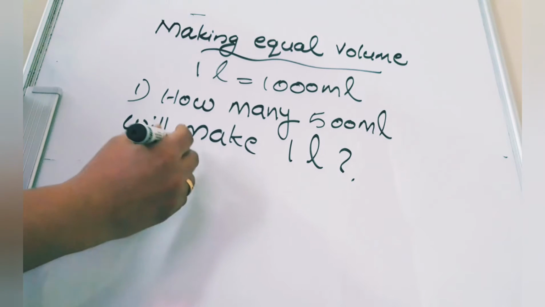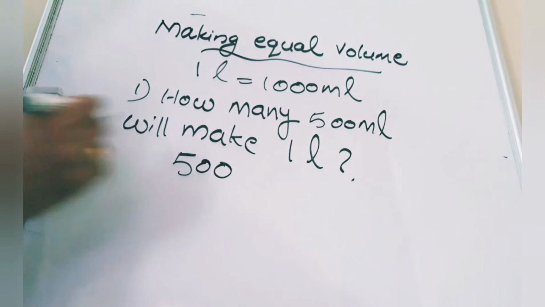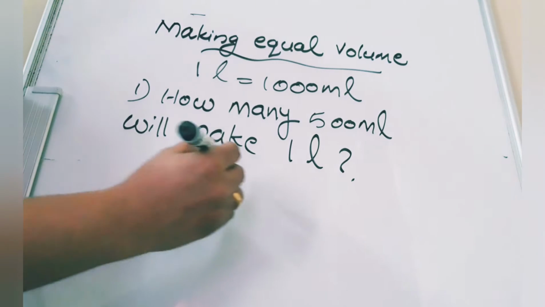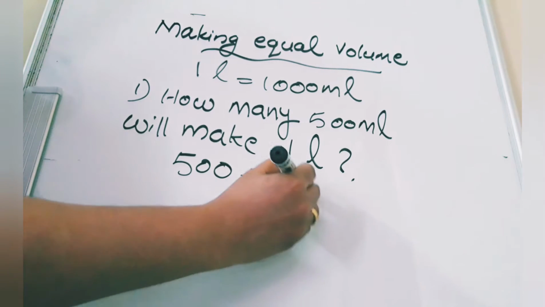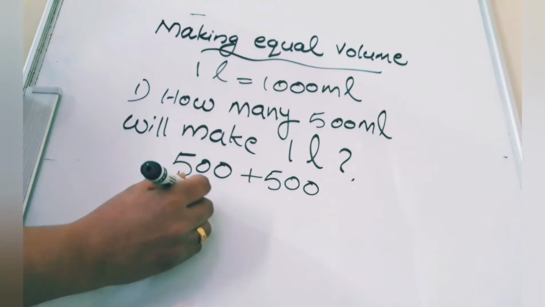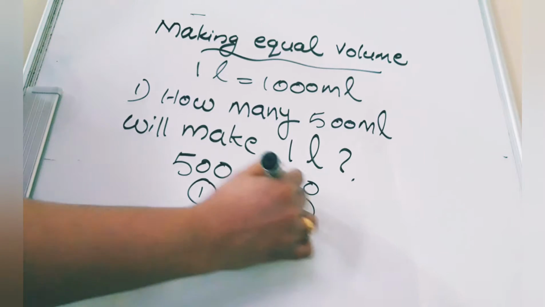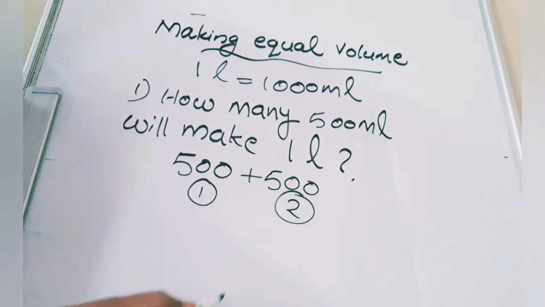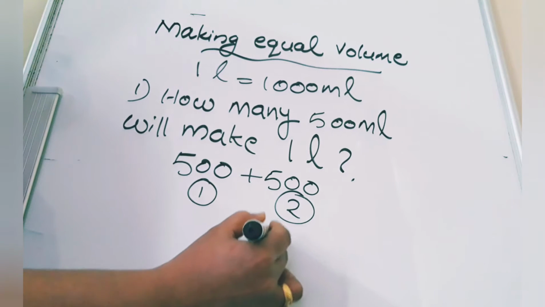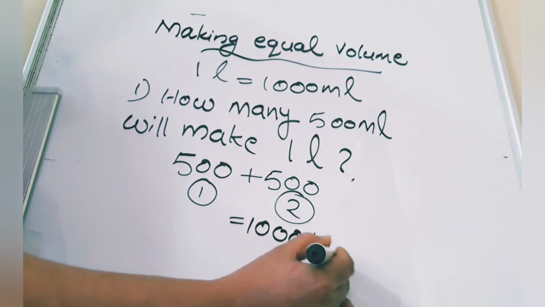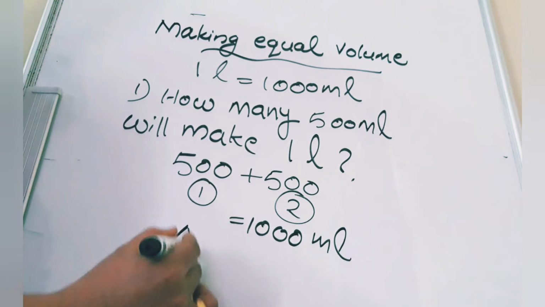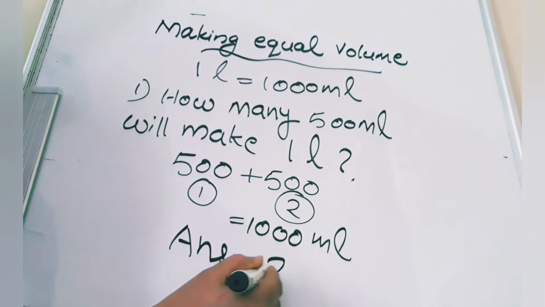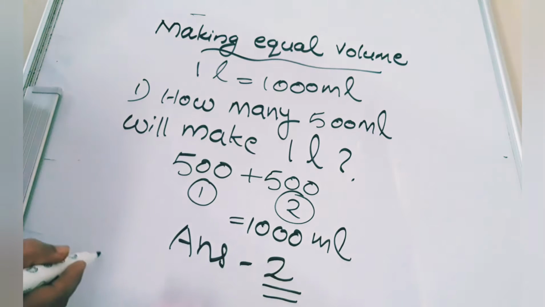If you take 500 ml one time, we are only getting 500 ml. But if you take 2 times, 500 plus 500 is equal to 1000. So 1000 ml, how many times did we get? 2 times. So the answer is 2. 2 times 500 ml will make 1 liter or 1000 ml.